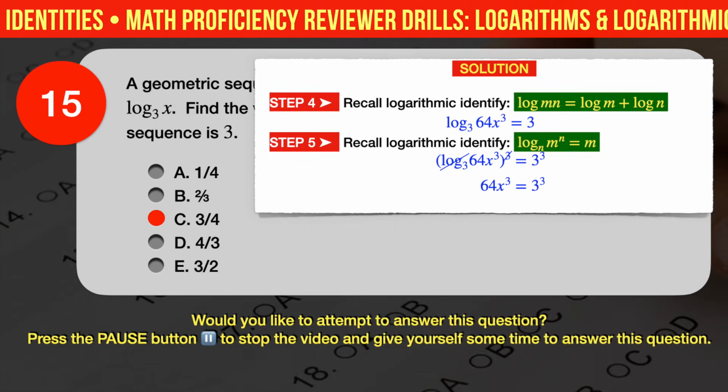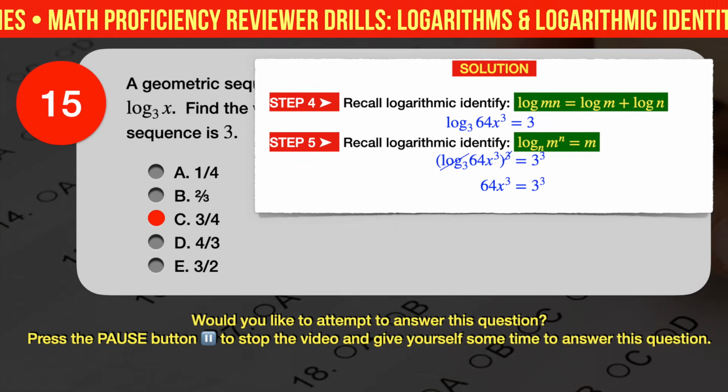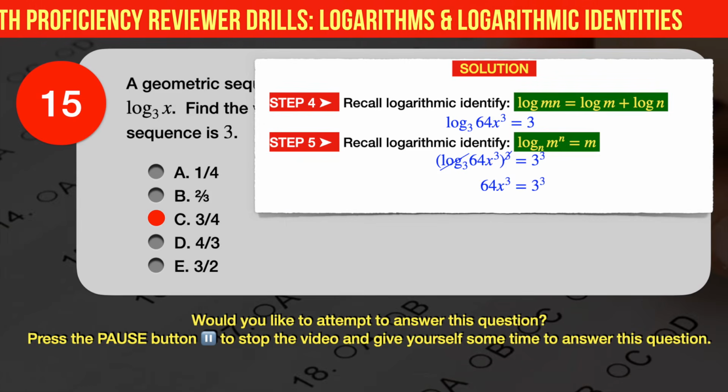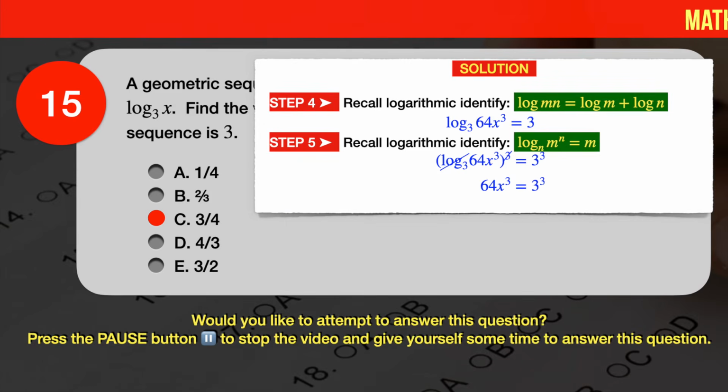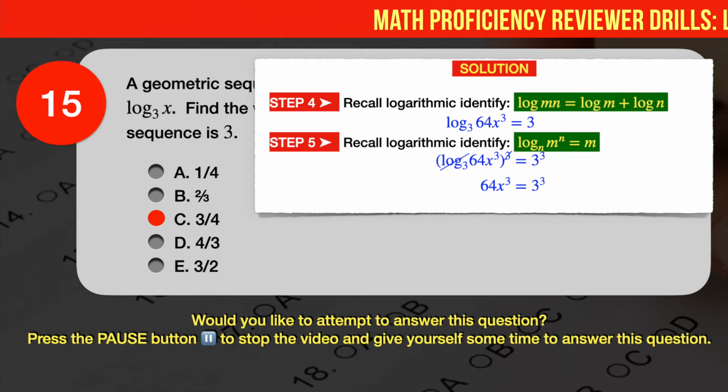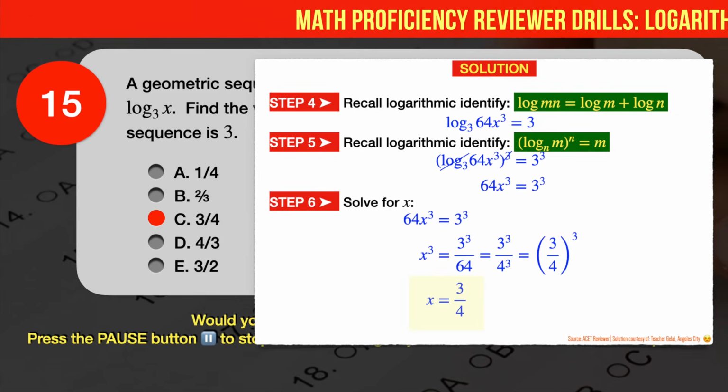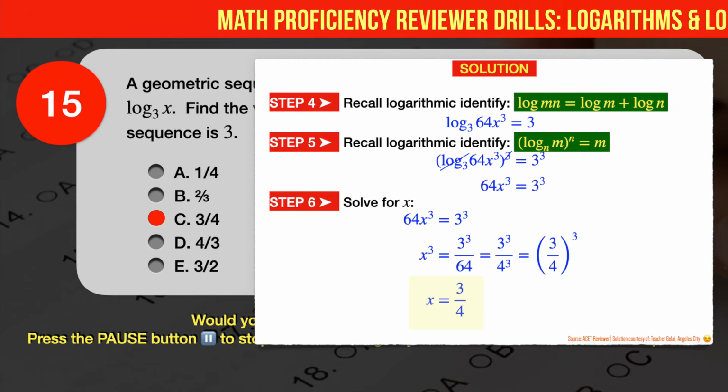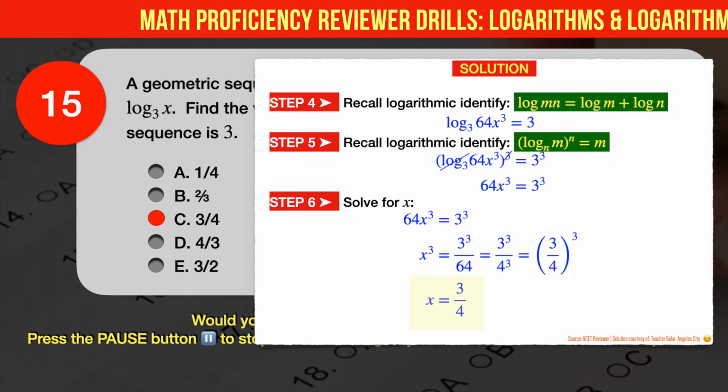Again, we recall from our logarithmic identities that we can cancel out the logarithm of a term by raising it to an exponent equal to its logarithmic base. Therefore, if we raise both sides of the equation to the power of 3, we'll end up with 64 times x cubed is equal to 3 cubed. From here we can now proceed to solve for x. We should arrive at 3/4 as the value of x.